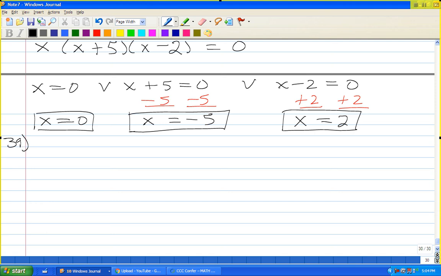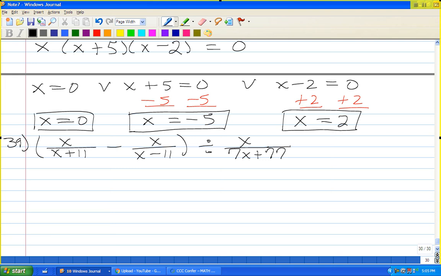Perform the indicated operations. Simplify if possible. So x over x plus 11 minus x over x minus 11 divided by x over 7x plus 77.